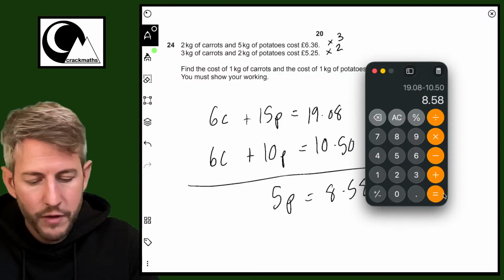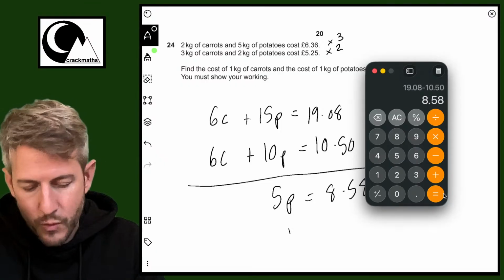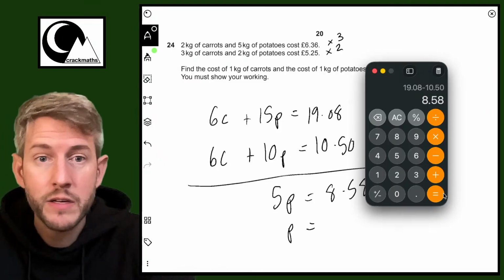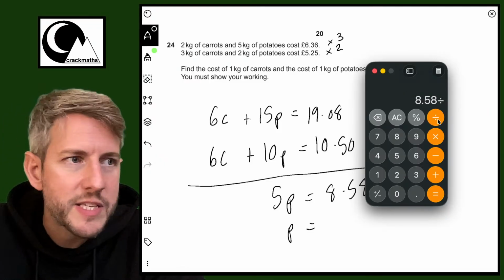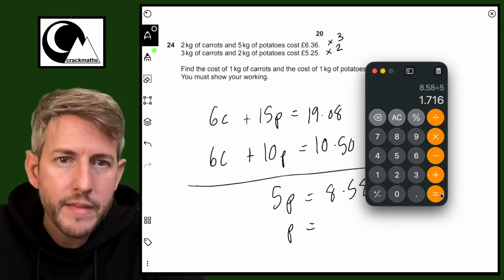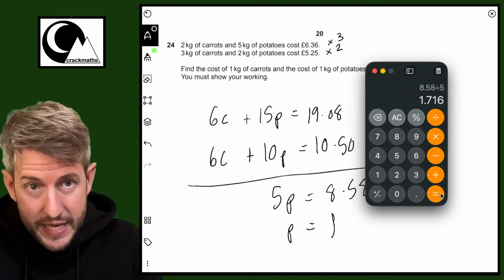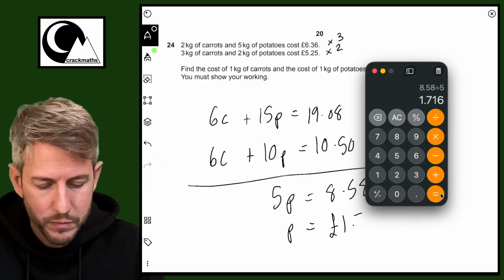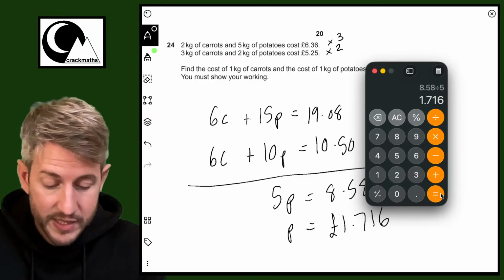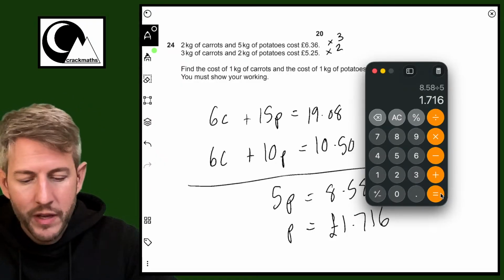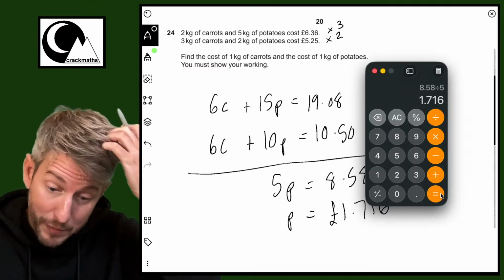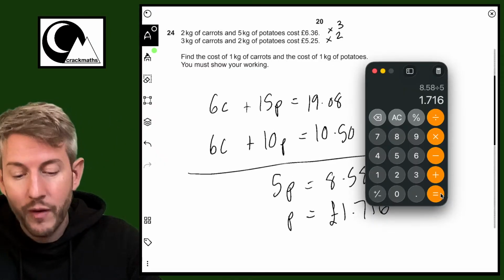Okay, so 5 potatoes cost £8.58, so we can work out 1 kilogram of potato by dividing this by 5. So that's going to be 1 kilogram of potato equals £1.716.